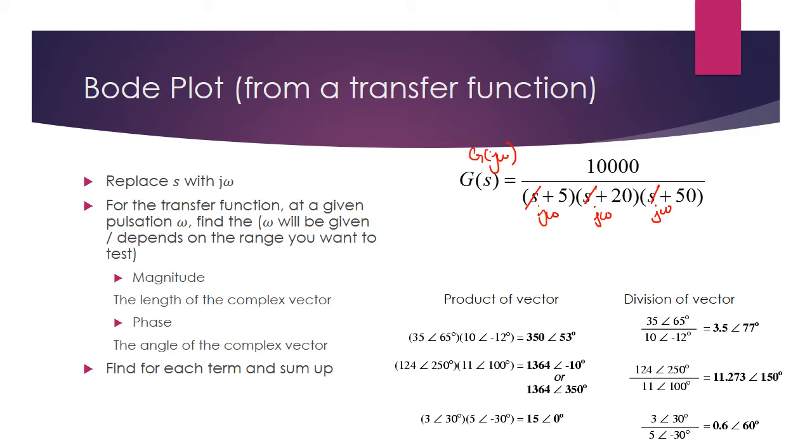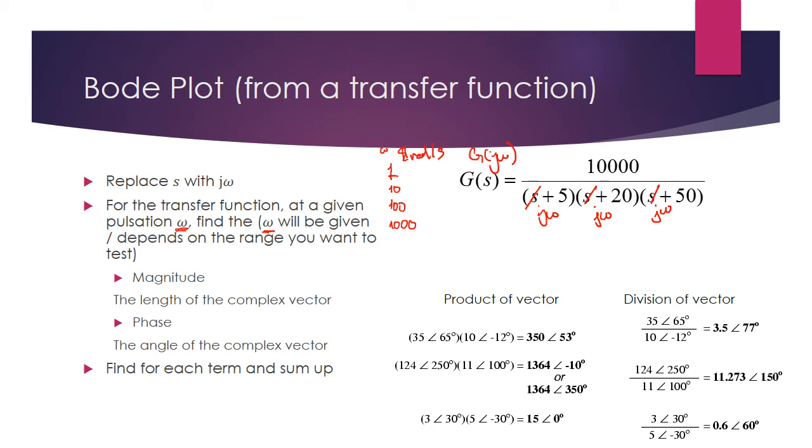And then once you do that, what do you do? For the transfer function at a given pulsation omega, you have to find two things. Omega will be given, for example a range of omega in radian per second. You have to test for several omega. Let's say omega equals 1, omega equals 10, omega equals 100, and omega equals 1000, 1 kilo radian per second.